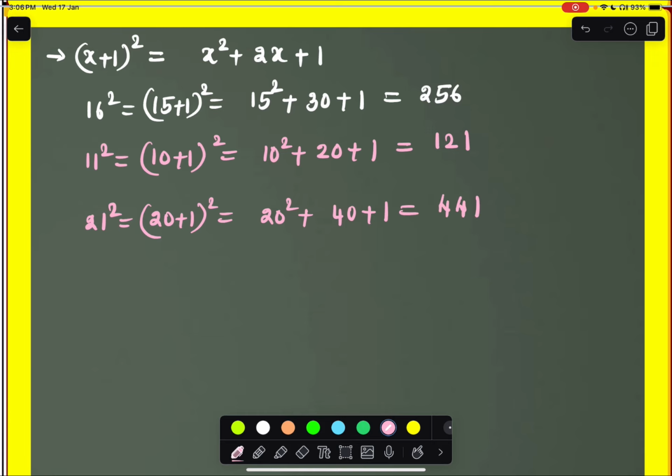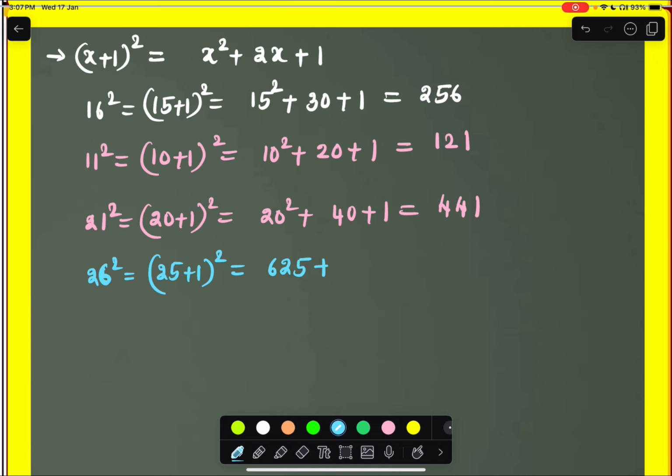By using this technique, the benefit is that we can practice oral addition, oral calculations. With practice this is a very effective method. Similarly, I want the 26 square value. 26 square, I can write as (25 plus 1) whole square. 25 square, I know its value: 625.